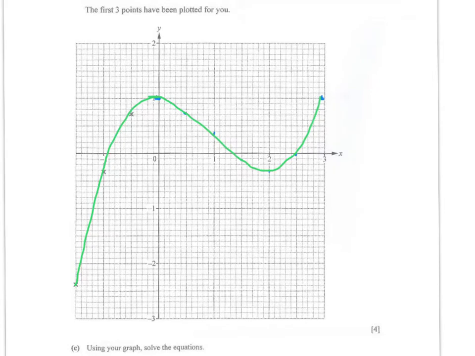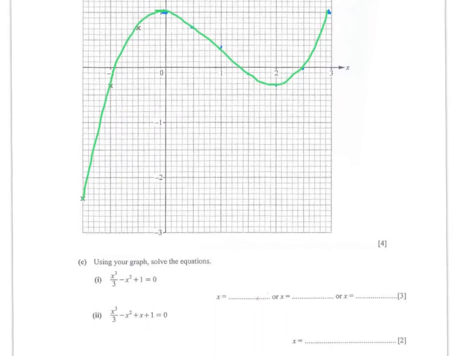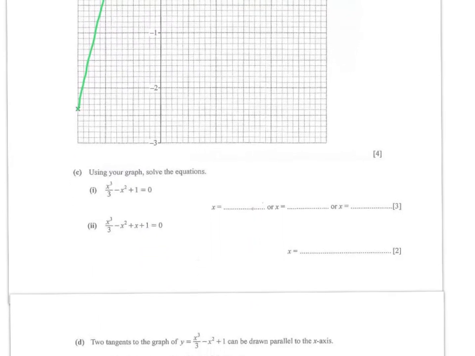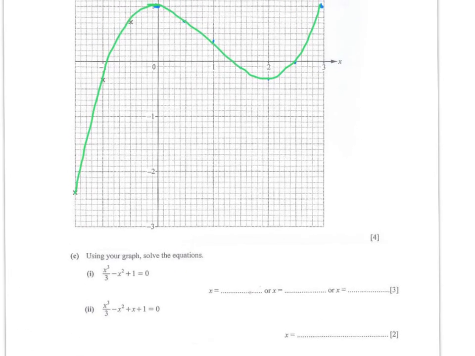Right, where this starts getting a little bit more tricky, or at least more interesting, is solving equations using the graph we've got here. So we have the graph of y equals x cubed over 3 minus x squared plus 1. That side there, if we put y equals next to it, that's what we have drawn here. We've got to find the points where that equals 0.